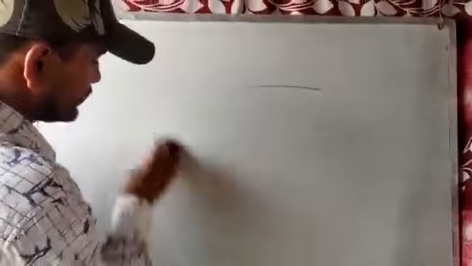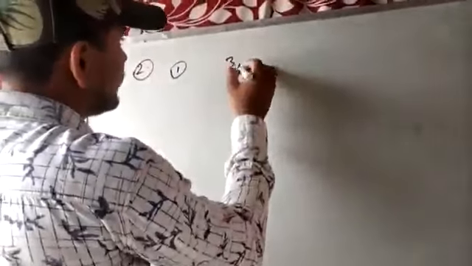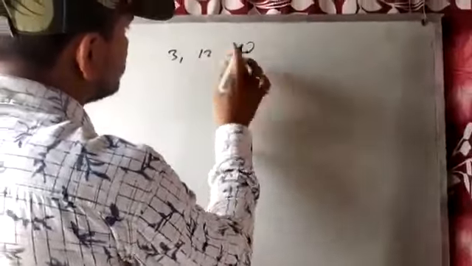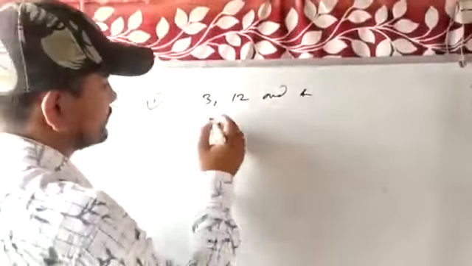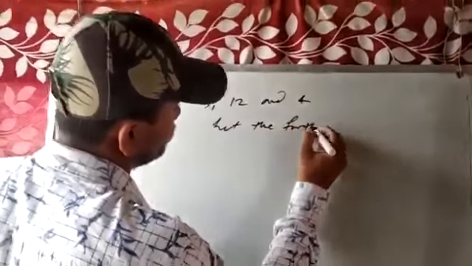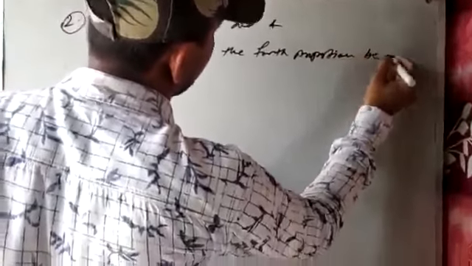Now question number 2. See, you have to find the fourth proportion. Three terms are given: 3, 12 and 4. You have to find the fourth proportion. So let the fourth proportion be x.